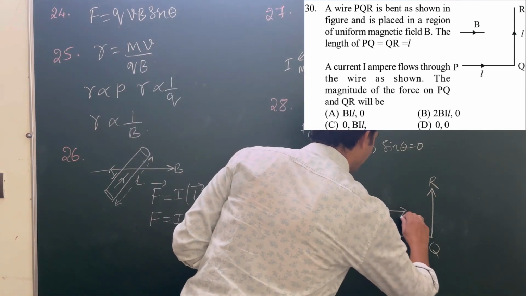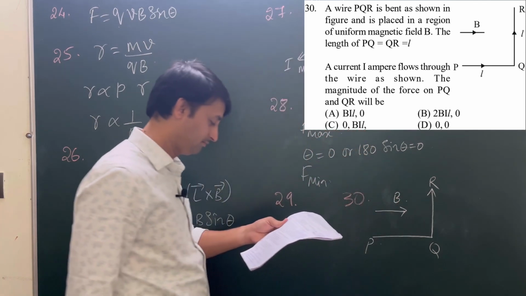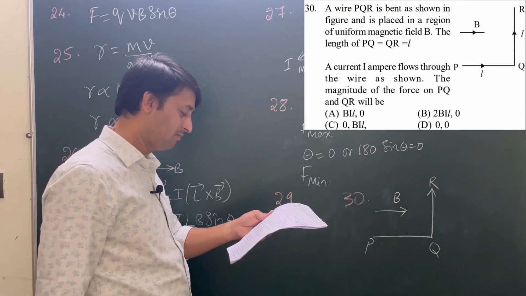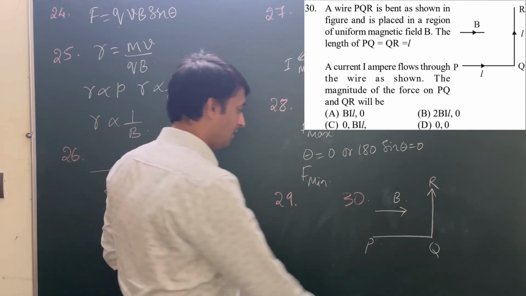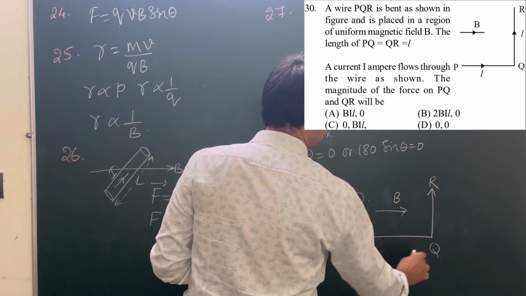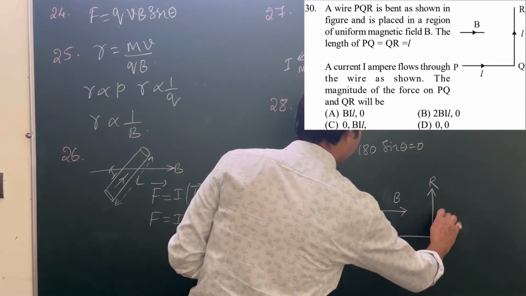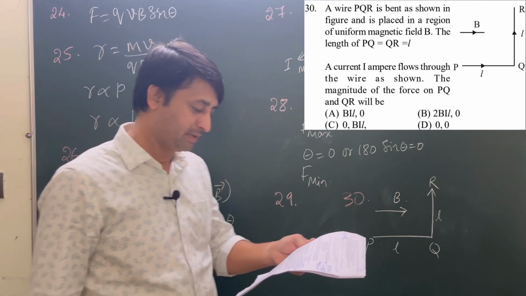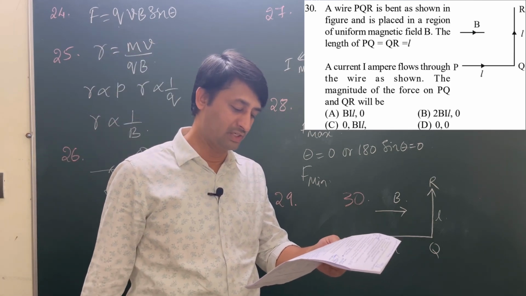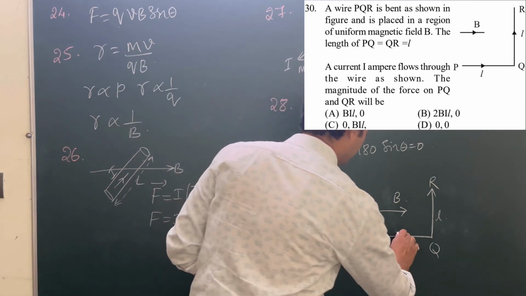This is the direction of magnetic field. The length of PQ is equal to QR is equal to L. PQ length and QR length are both the same, given as L. The current I ampere flows through the wire as shown. Current is flowing here in this direction.